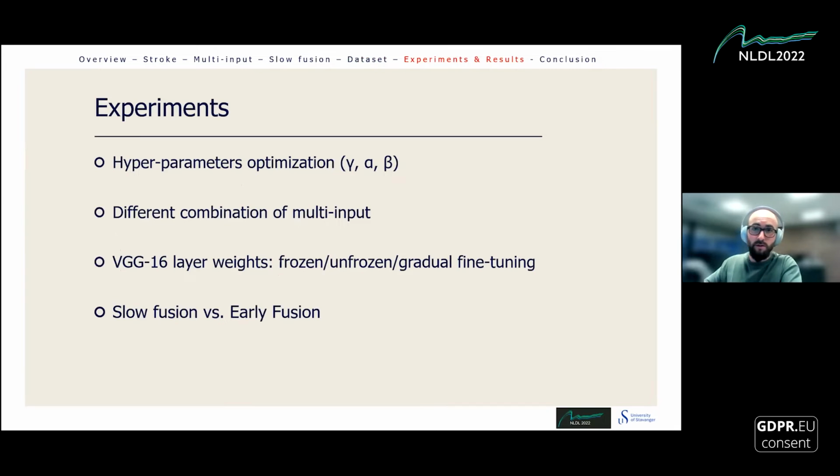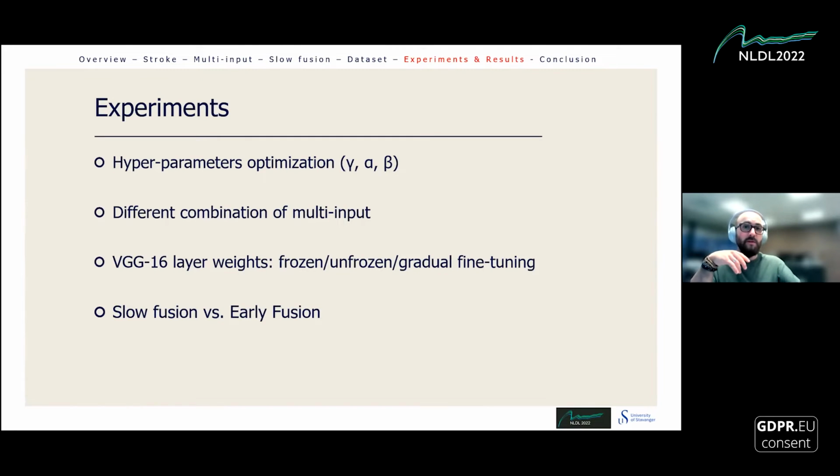We performed a lot of experiments to understand if the model that we propose is optimal. First of all, we do a hyperparameter optimization on the parameters of the focal Tversky loss, so gamma, alpha, and beta, to select the parameters that give the most interesting results.